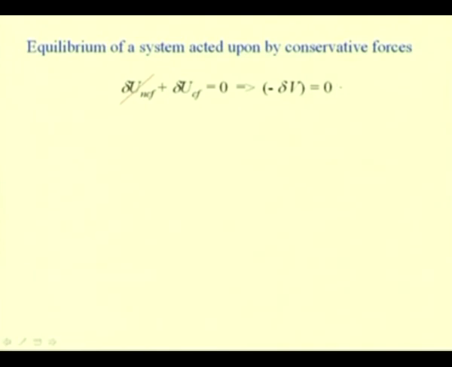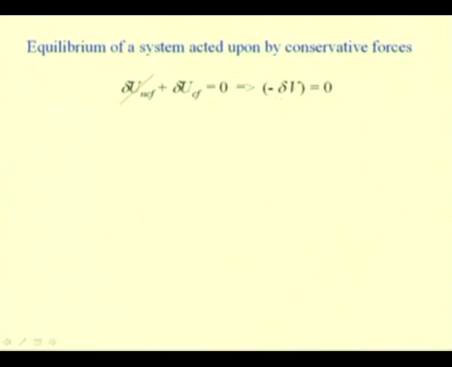So, if we have systems which have only conservative forces, that is, they constitute masses and only elastic members, then the virtual work equation can be replaced by the statement that the change in the potential energy is 0 for equilibrium, that is delta V, the change in the potential energy corresponding to the virtual displacement, is equal to 0.